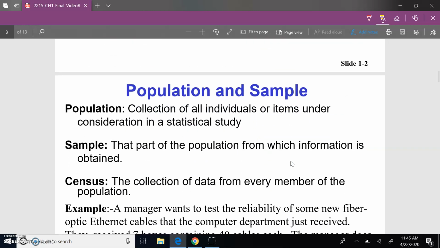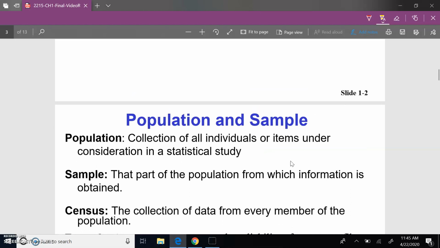Next we see what is the difference between a sample and a population. What is the sample data and what is the population data? This is a very important concept. Without a clear understanding of population and sample, you won't be able to move smoothly in this chapter, right?